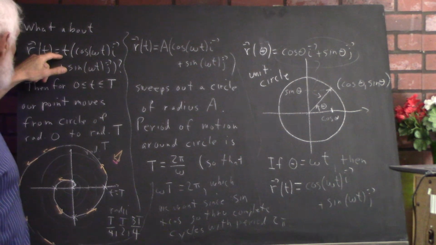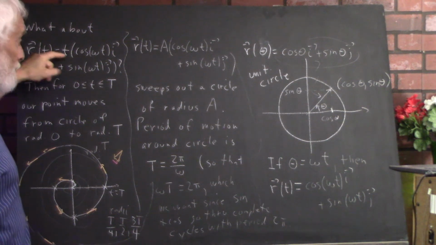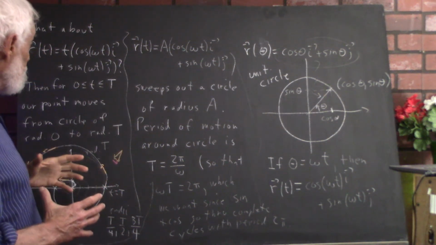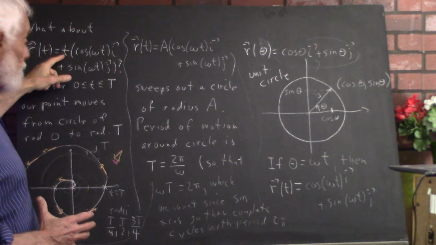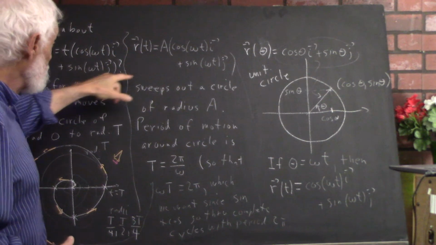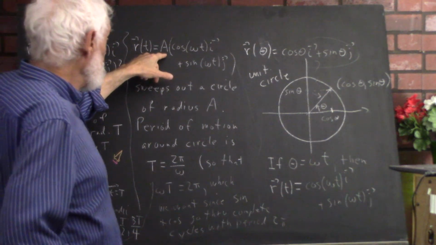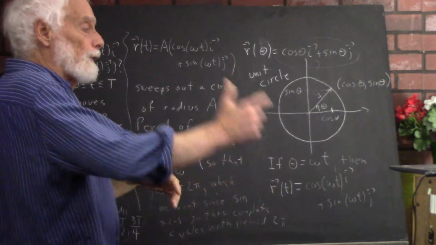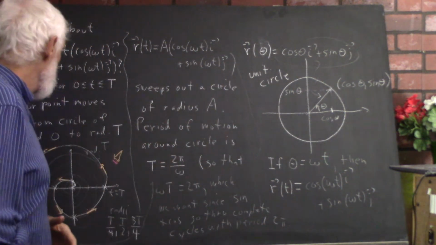However, the radius of the circle on which this thing is moving keeps changing, because the radius of the circle is the coefficient of this expression. Just as when you have a constant number a in front of this thing, you're moving on a circle of radius a, and that circle stays the same.